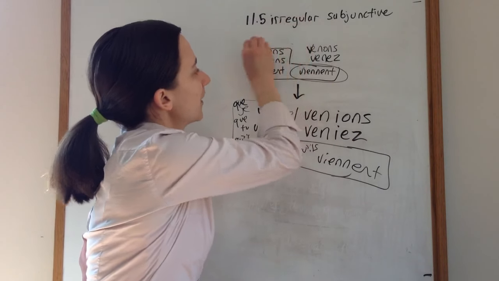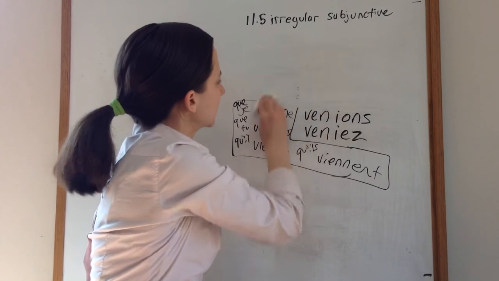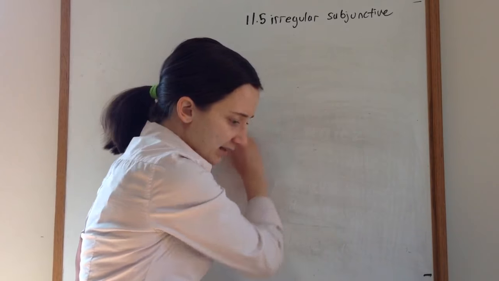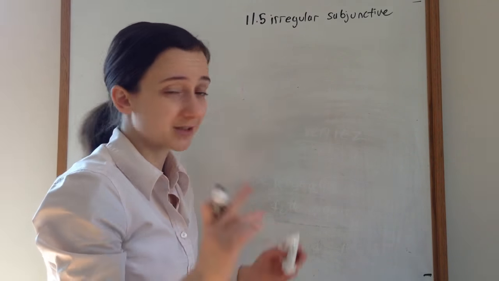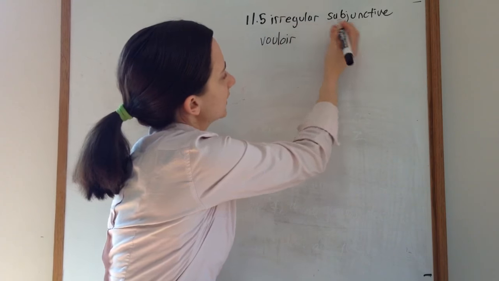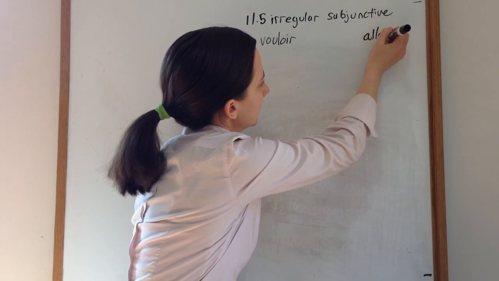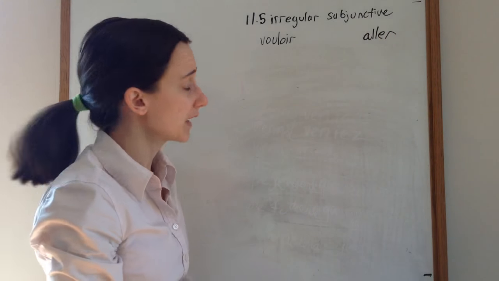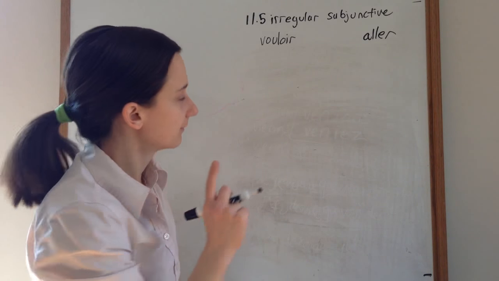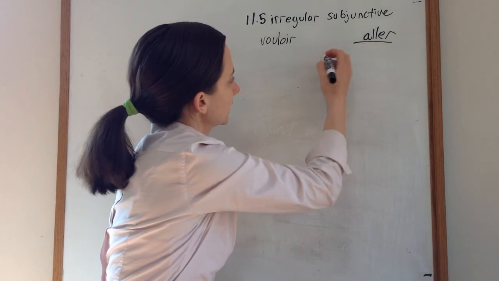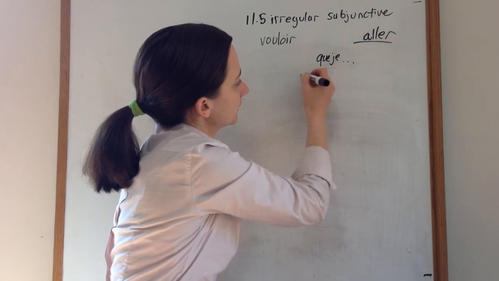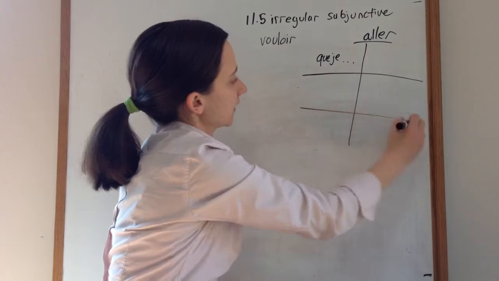Let's look at one that's a little bit more difficult because it has so many vowels mixed in. It still uses, actually there's two of them. We're going to look at vouloir, and we're going to look at aller. Let's start with this here. Remember we have que, je.